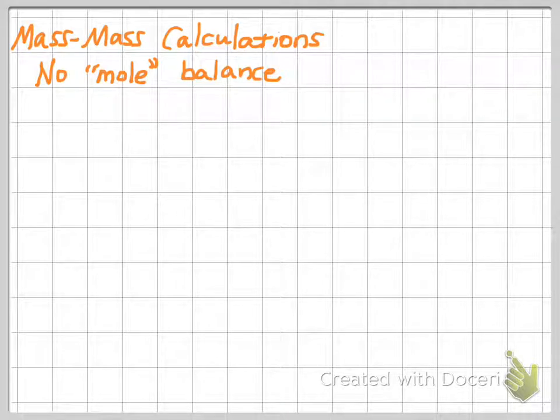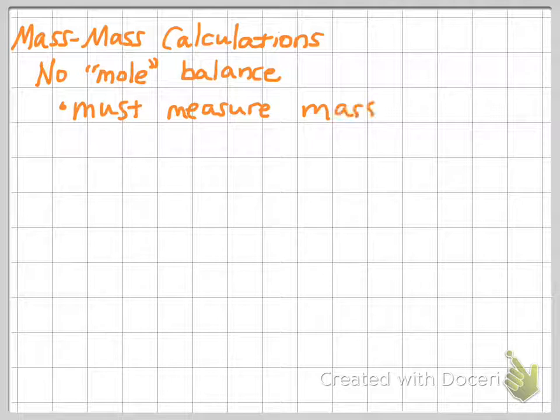So our only way, for chemists typically, is that we must measure the mass of a substance, typically in grams. There is not some special magic instrument out there that I can put a substance on and it'll tell me how many moles it is.